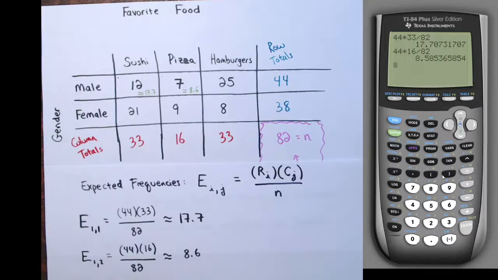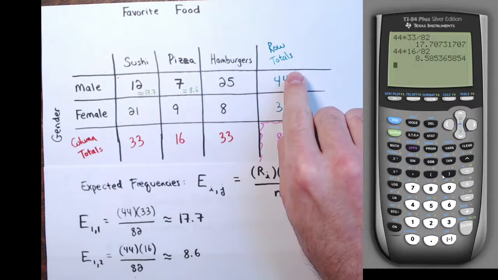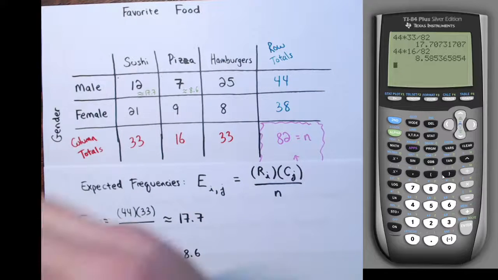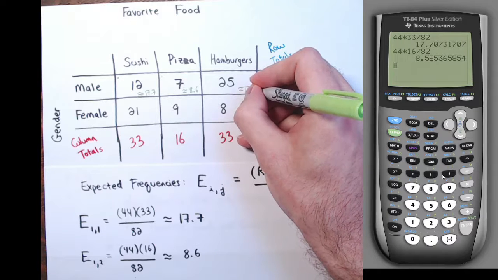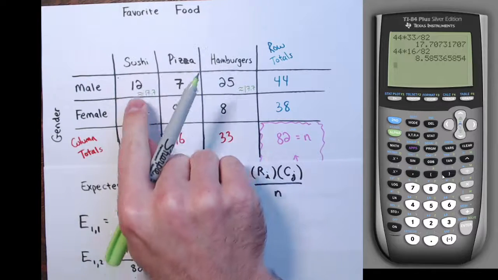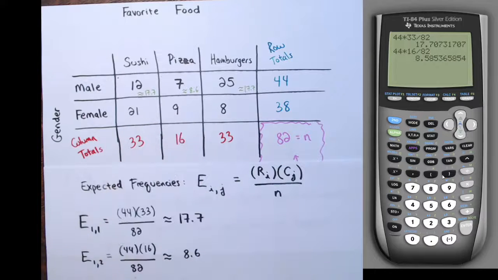And I'm just going to do the same thing for the rest of these, but without writing them down. So here, first row, third column, I'm taking 44 times 33 divided by 82. Well, I did that already. That's 17.7. Now, if I'm here with the females who prefer sushi cell, I'm going to do 38 times 33 divided by 82.